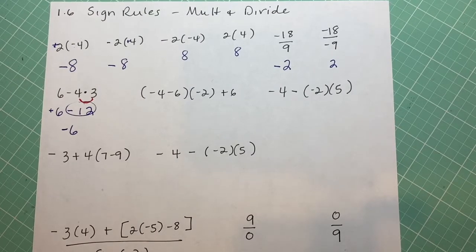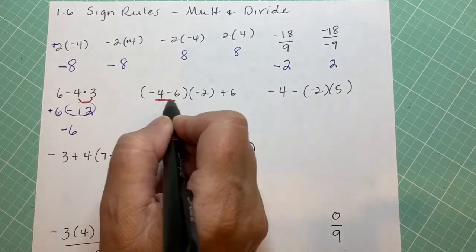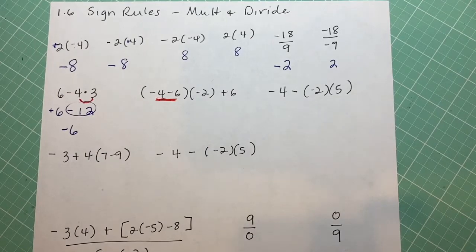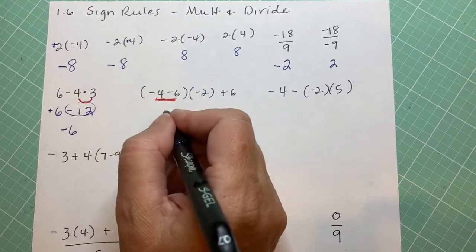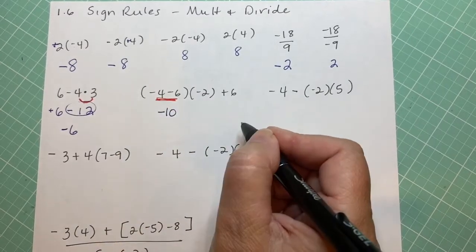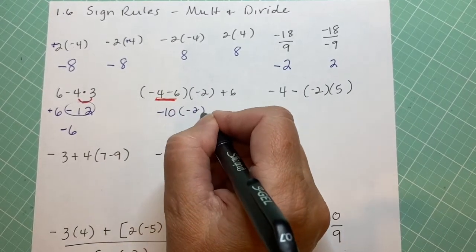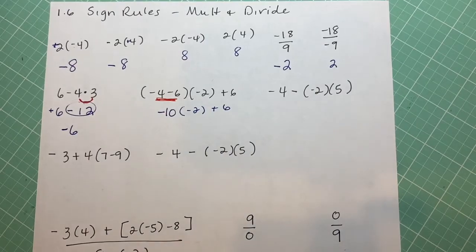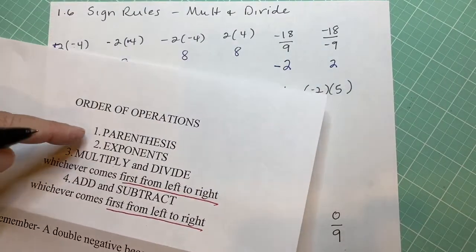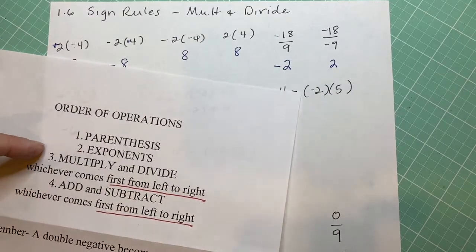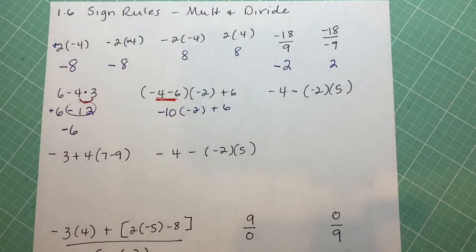Let's look at this next one. Order of operations tells us we have to do parentheses first. So we're going to go inside there and say the signs are alike. So we add and keep the same sign and bring everything else down. So step 1 is we got rid of our parentheses. 2, there's not any exponents, but 3, we're going to multiply and divide from left to right.